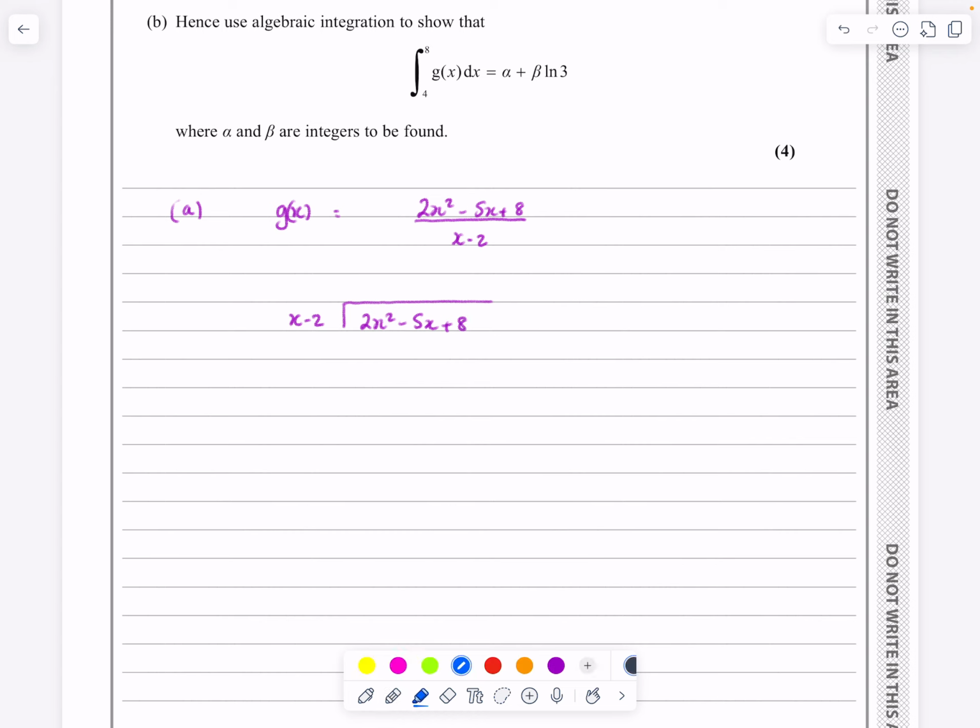x minus 2 into 2x squared minus 5x plus 8. So quick reminder, we say how many times does x go into 2x squared? It goes in 2x times. We then multiply 2x by all of this part here. That's going to give me 2x squared minus 4x, and then we subtract all of this expression here.